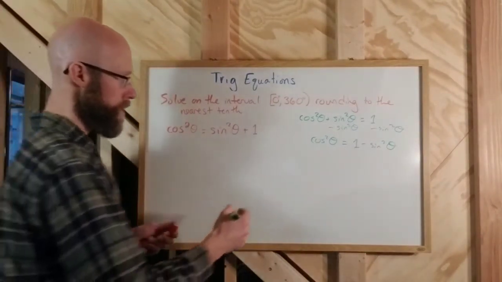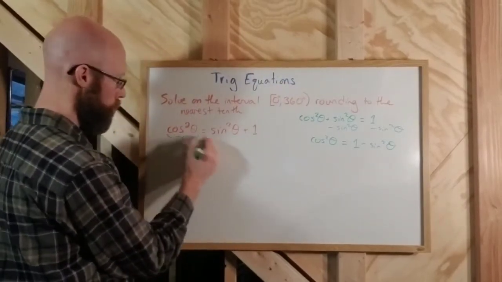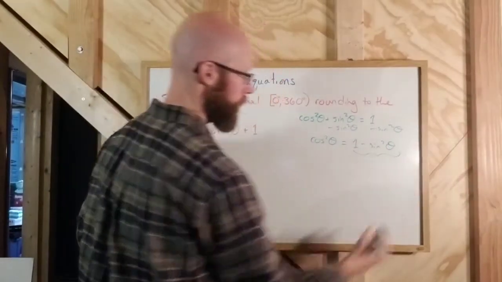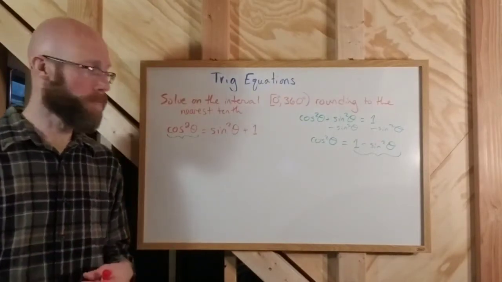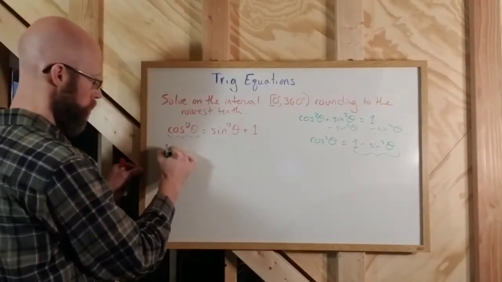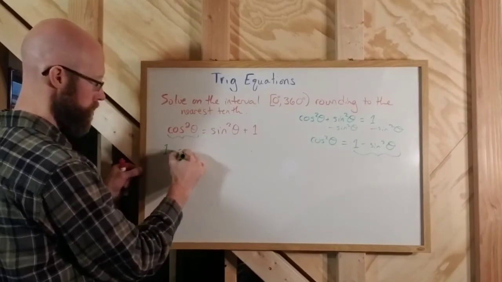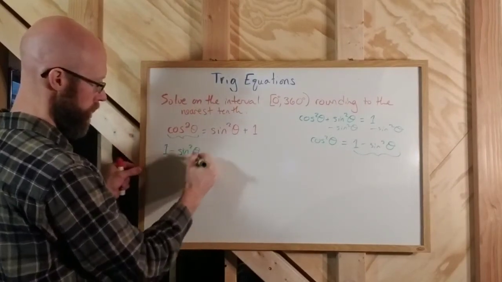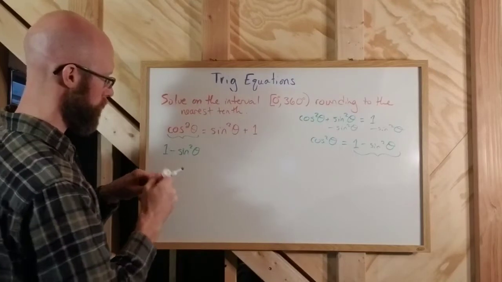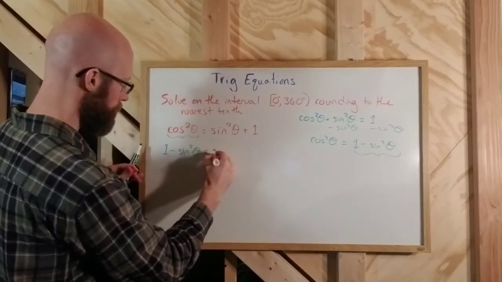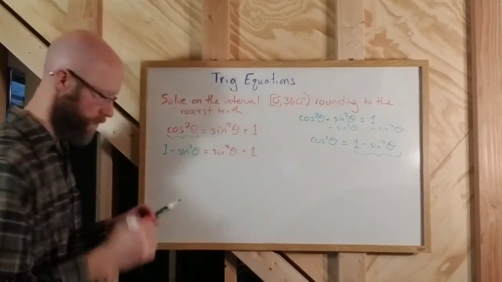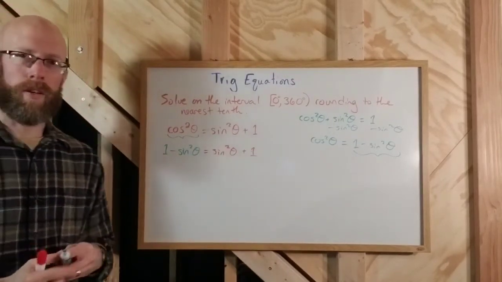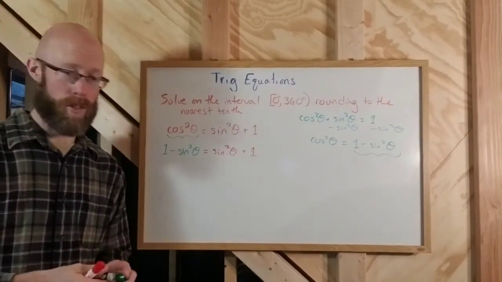I'm going to replace this cosine squared with something I know that it's always equal to, for every angle. So I'm going to have 1 minus sine squared theta is equal to sine squared theta plus 1. All right? That gets us a good start.